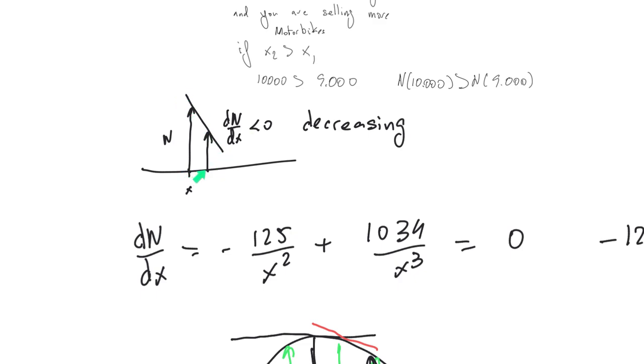So as x increases, x goes to the right, the number of motorbikes decreases. So we have at the point x equal 9 a derivative with respect to x that is negative. And we wonder for what amount x of US dollars we have to spend to have a slope 0. When we have a slope 0, we are at the maximum.